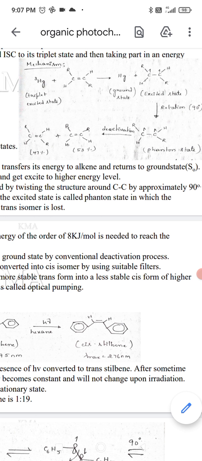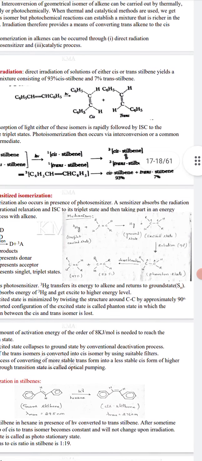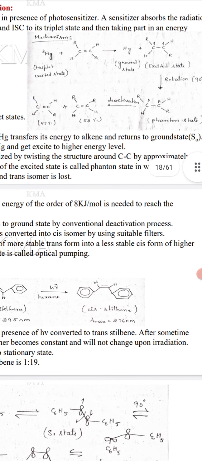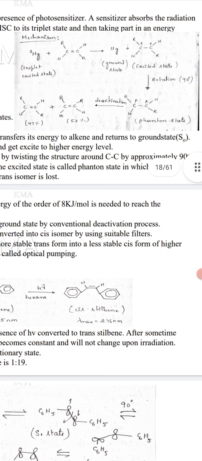When it reacts with olefins, that gives rise to an excited state of the olefin. This undergoes a 90 degree rotation, and when it undergoes the 90-degree rotation, it gives rise to a new structure or a new state of the molecule.